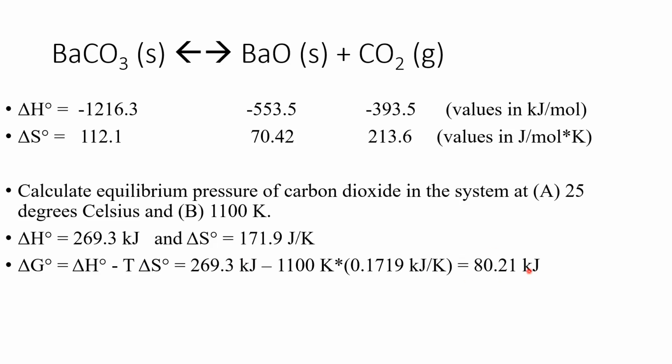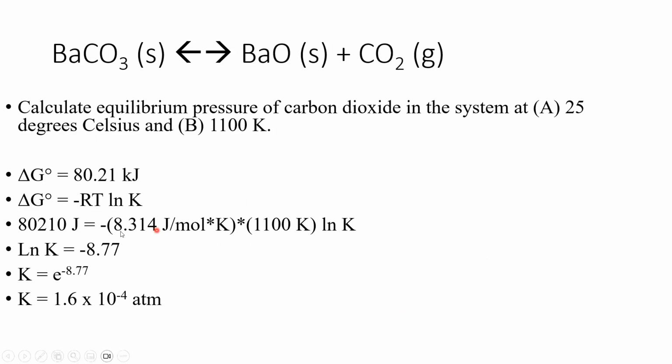So now we can take this value, go back to the equation we just used for the previous one, negative RT ln K, because again, we're looking at the equilibrium pressure. So when we have this reaction, it's going to be the same sort of process in terms of solving it as the final one was. It's just we've got a different delta G value on the left. We've got a different temperature in this case.